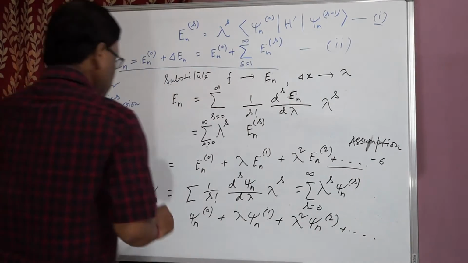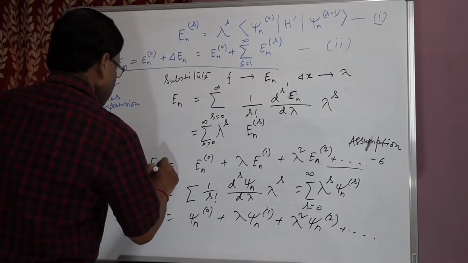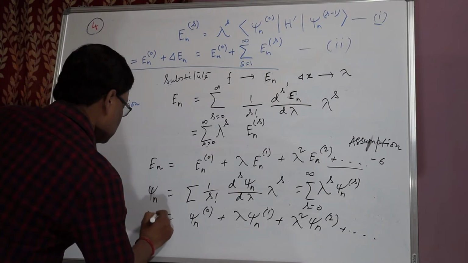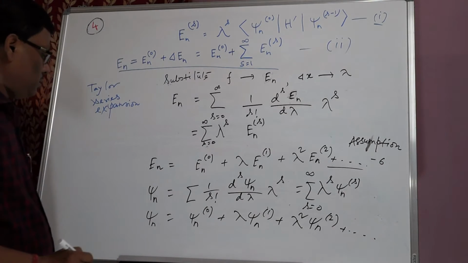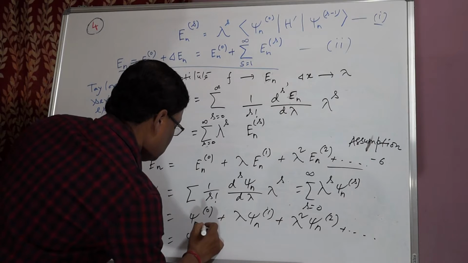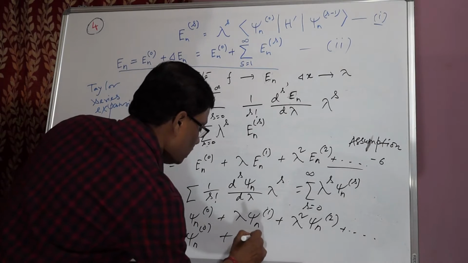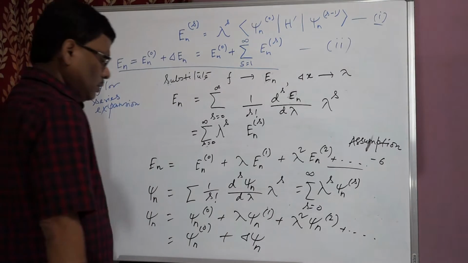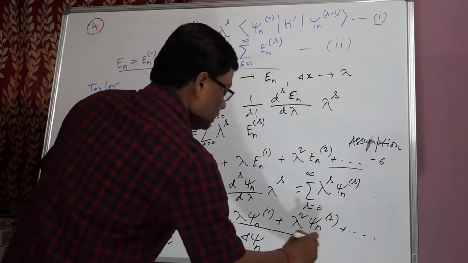and similarly. So these two expressions, this was for the nth level and this gives the nth order correction. So I can write psi n0 plus delta psi n. So this part is delta psi n.